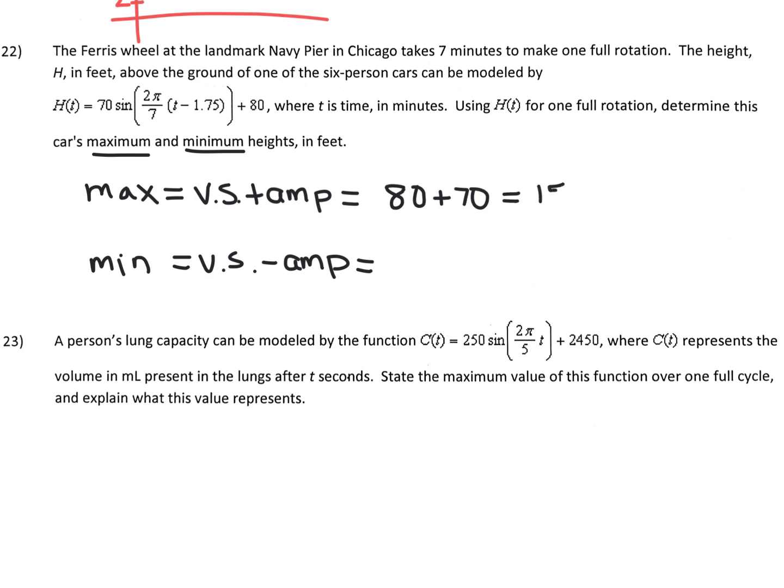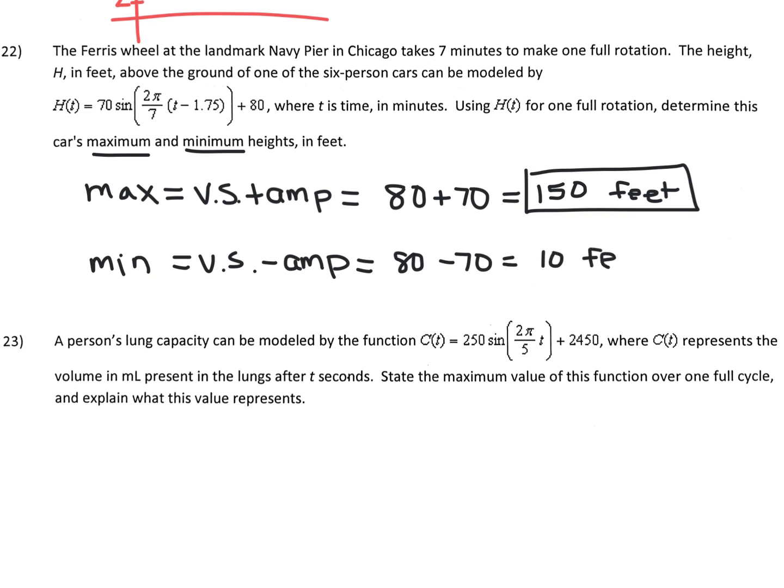And make sure you label the units, because it is a word problem, so that would be feet. All right, so as far as the minimum goes, if we do the vertical shift minus the amp, so 80 minus 70, that would give us 10. Okay, so as this Ferris wheel goes around, it fluctuates from 10 feet all the way up to 150 feet.